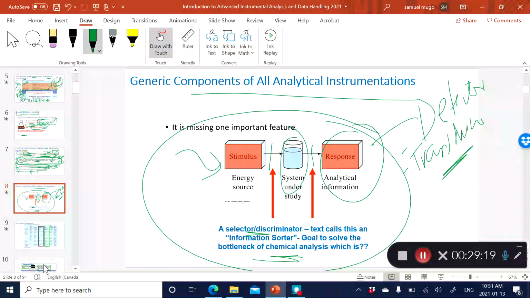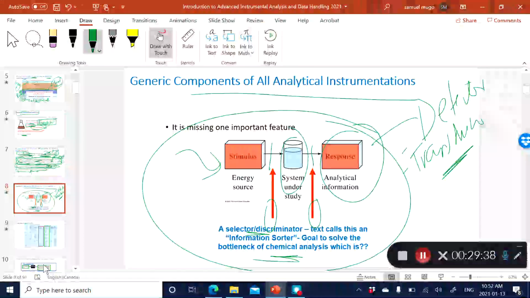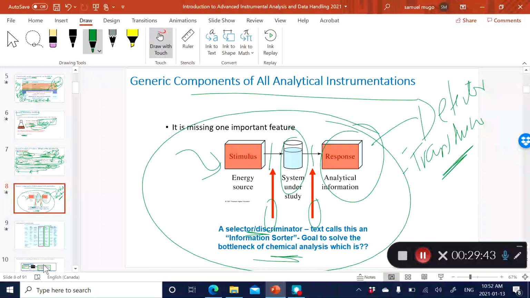We're going to give it a name in the next slide. These information sorters are often the components that increase the cost and the bulkiness of analytical methods. So as analytical chemists pushing towards miniaturized devices, these information sorters are actually the problem that we need to address.